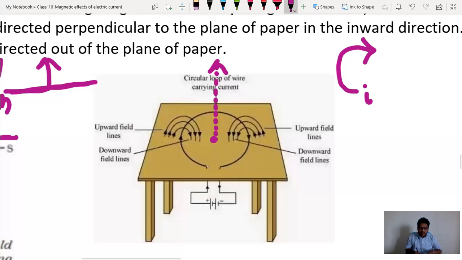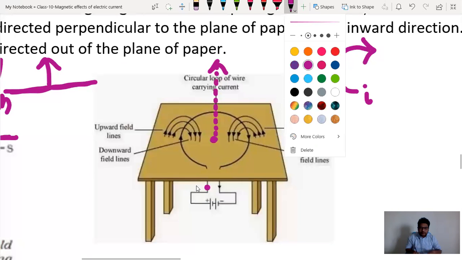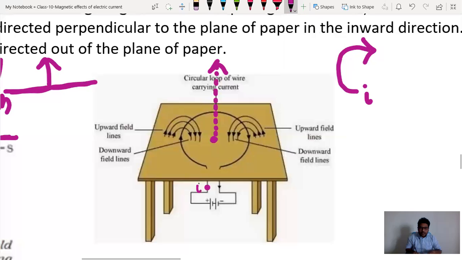Clockwise direction means here you can find the current is passing from here, so it should move like this. You can understand the diagram, I guess, and it will come out here. So this should be positive, this should be negative.